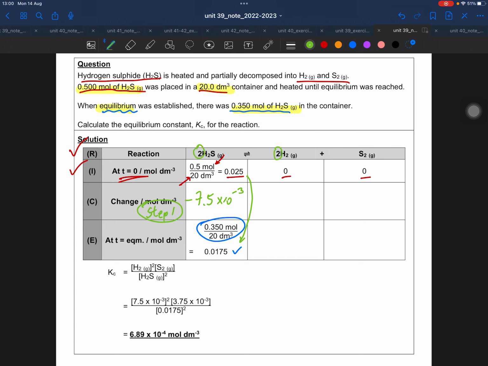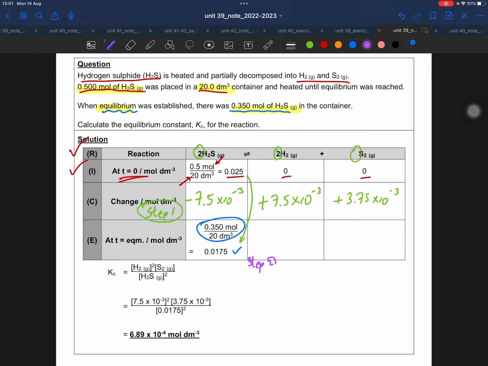Because the mole ratio of H2S and H2 is the same, if H2S is dropped, then H2 should be increased with the same extent. I think this is easy. And okay, now I'll come to this one. 2 H2S will form 1 S2. So the S2 will increase too, but only to half the extent. Right. So I think step 1 is very easy for you, right?